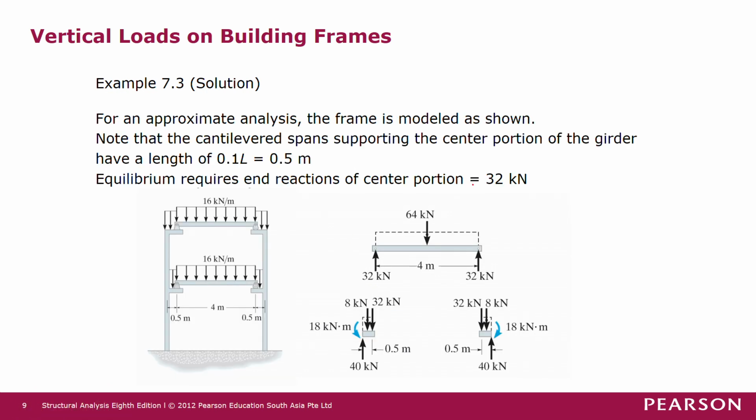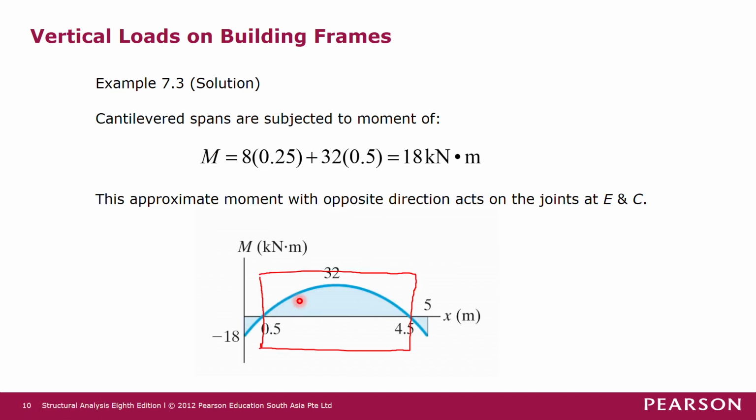Okay, it comes from here. So if we plot the bending moment of this beam, then you'll be getting 0 moment here, 0 moment here, and maximum moment of 32 kilonewton meter over there.